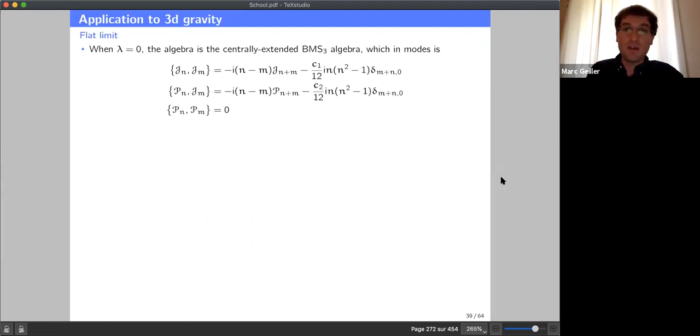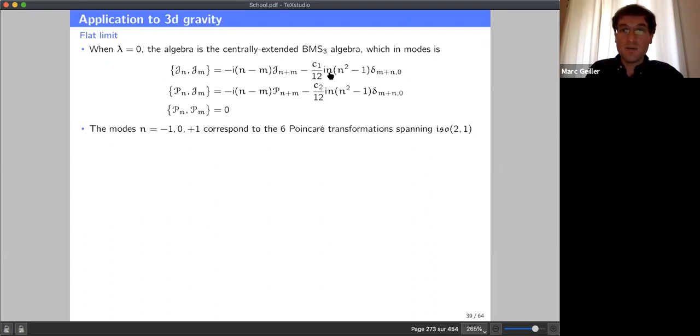This is written here in terms of modes, and you see that potentially in this centrally extended BMS3 algebra, you can have two central extensions, C1 and C2. But what is important is that in terms of the modes, you have a factor n squared minus 1. So for the modes which are given by n equals 0, plus or minus 1, this central term is always 0. And these are precisely the 6 modes which correspond to the 6 Poincaré transformations.